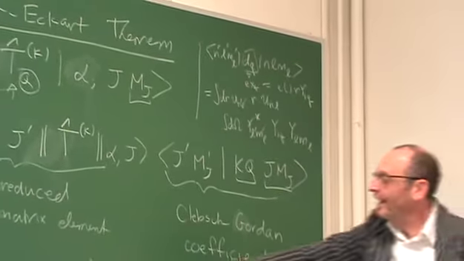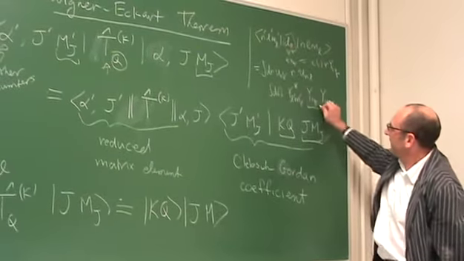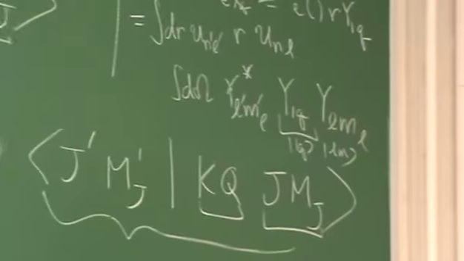So when I'm writing this loosely, what I'm saying is that this is like my ket 1q, this is like my ket l n.